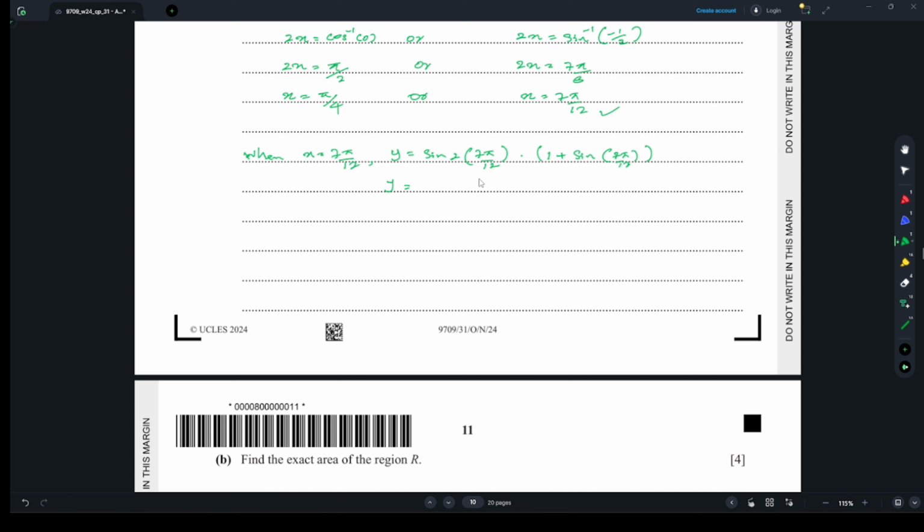Okay, so y equals 7 over 6, and here 1 plus sine 7 pi over 6 equals to, therefore you can write the coordinates of M is: x value is 7 pi over 12 and y value is minus 1 over 4. Okay, so done.